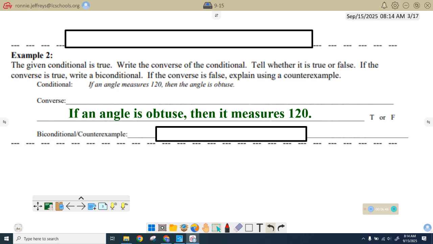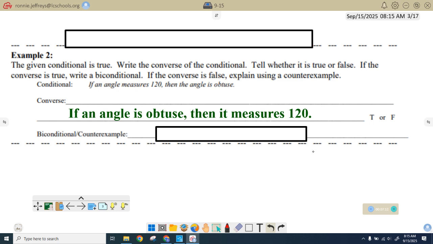All right. So, is this converse true? Are all obtuse angles 120?